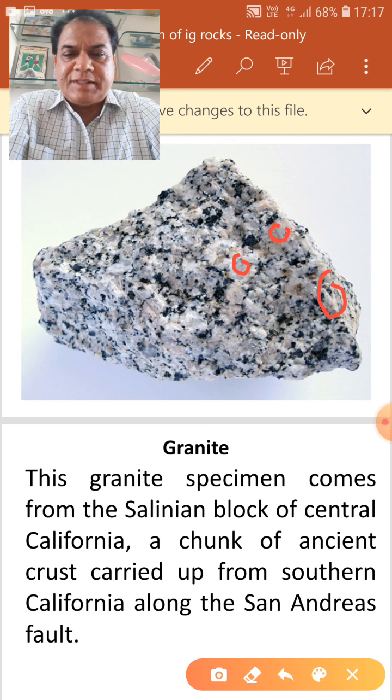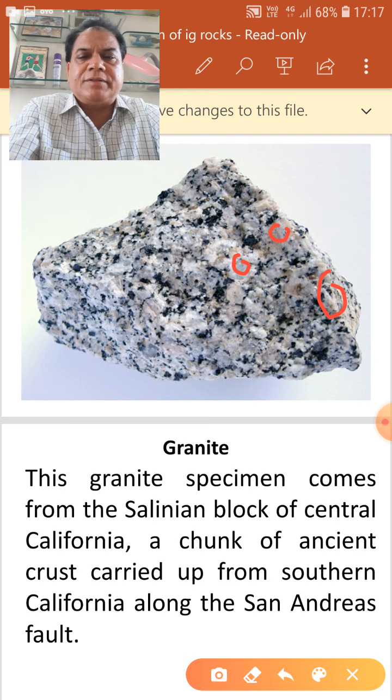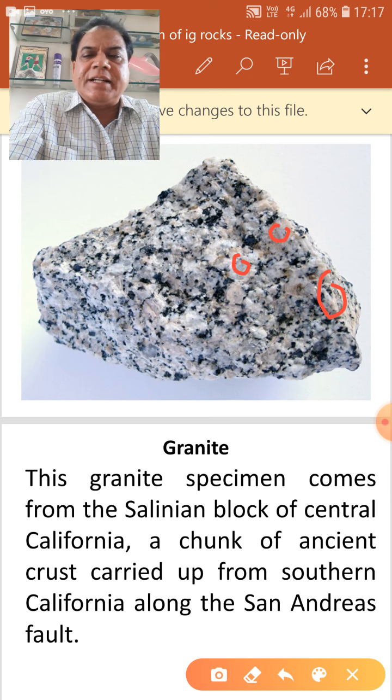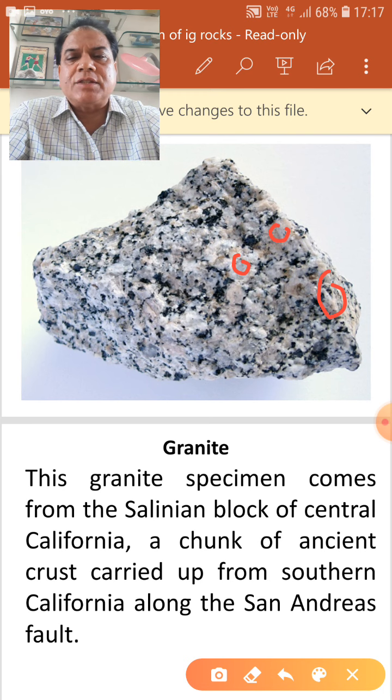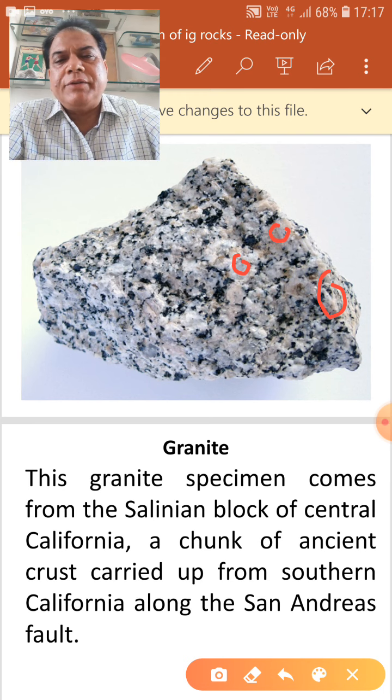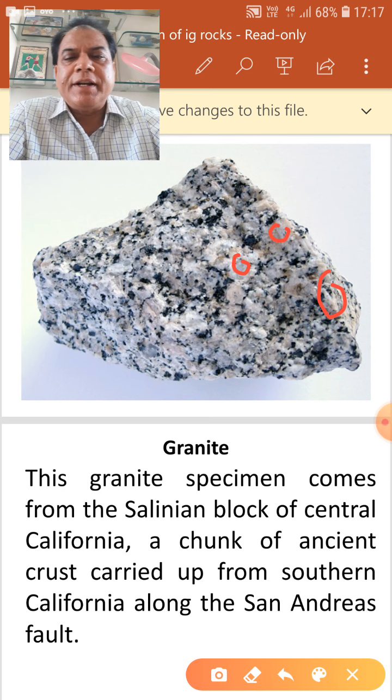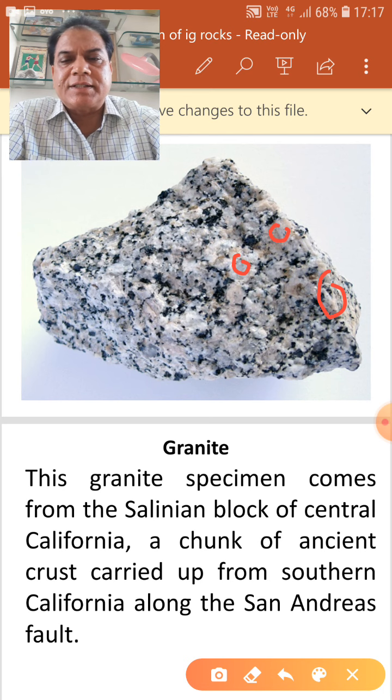In this photograph, it may be a little difficult for you to distinguish quartz, because both quartz and orthoclase are light colored minerals. But when you see the hand specimen, you will definitely distinguish orthoclase and quartz.